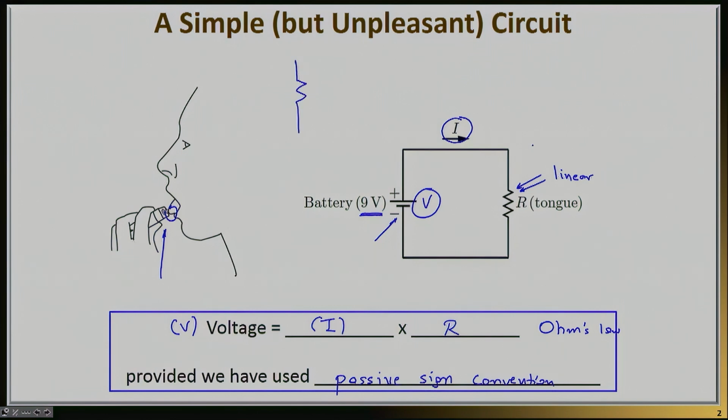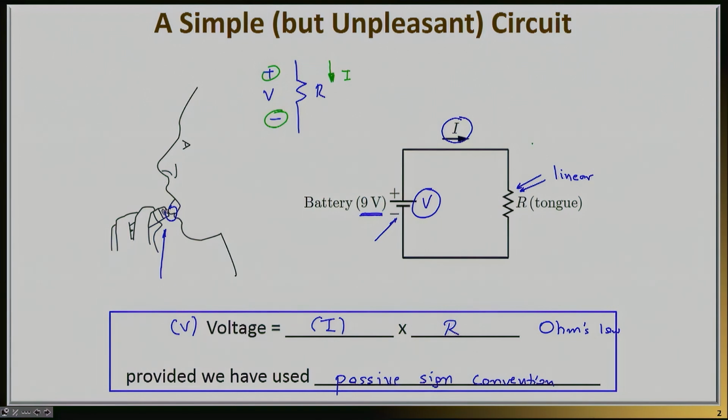So if you have a resistance R and you apply a potential difference V, then clearly there will be some type of current I that will flow through this resistance, but I will flow from the positive node of the resistor to the negative node of the resistor. That's the passive sign convention.